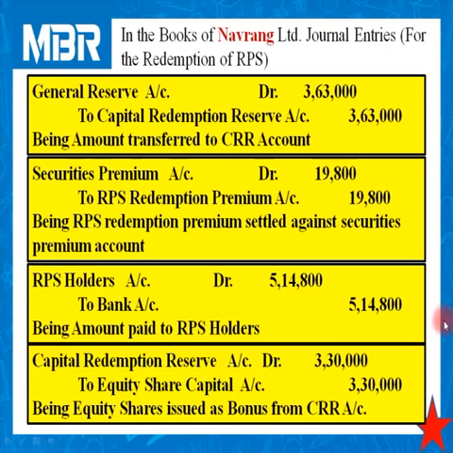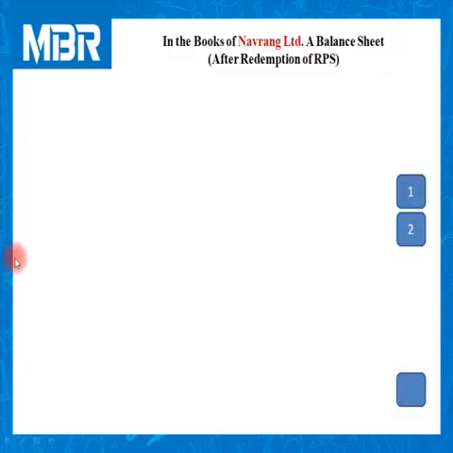After completion of journal entries, let us move towards preparation of the balance sheet. As I discussed in first lecture and onwards all the lectures, we need to prepare our balance sheet in vertical form. Whatever the format given to us in our examination question, it doesn't make any difference.